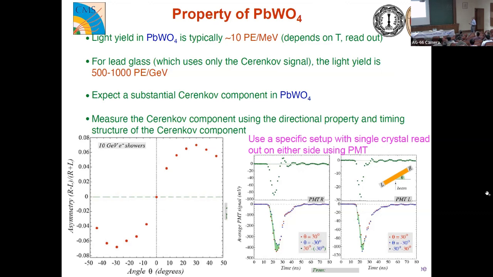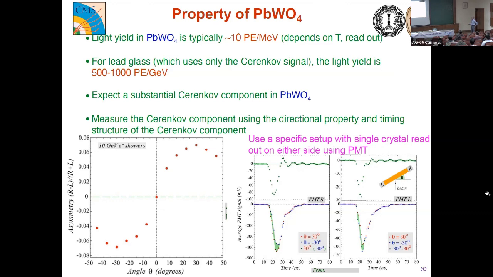Then we incident particles at an angle and modify this angle, and you try to measure the signal. At large times the signals at different angles are similar, but at very small times there is a difference depending on the angle. So there is an angular dependence in one component of the signal.